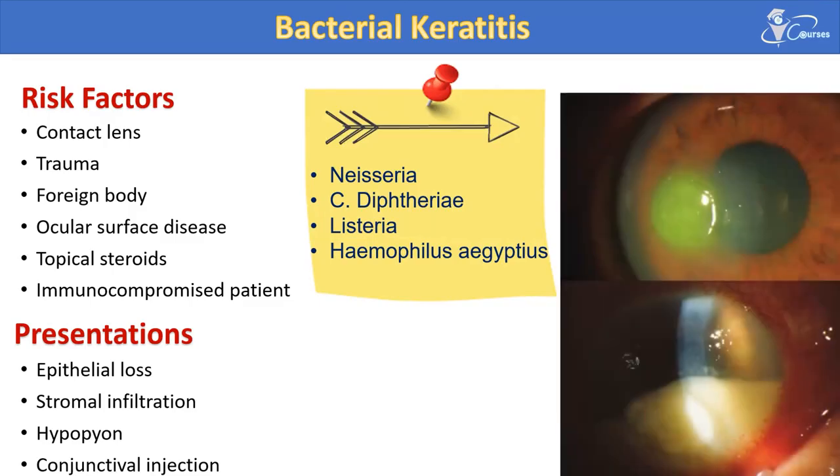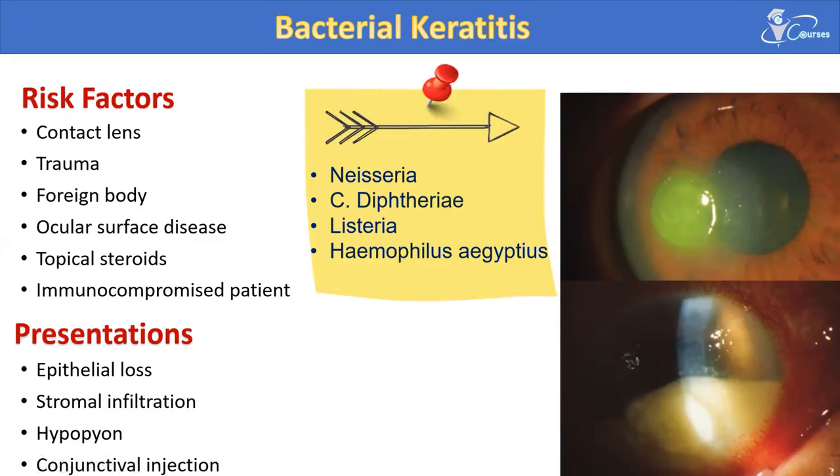So how will patients with bacterial keratitis appear? Well, the universal clinical manifestations are epithelial loss, presenting as an epithelial defect that appears with fluorescein staining, and stromal infiltration. This is a yellowish, grayish, or whitish material, like deposits present in the stroma, causing thickening of the stroma.